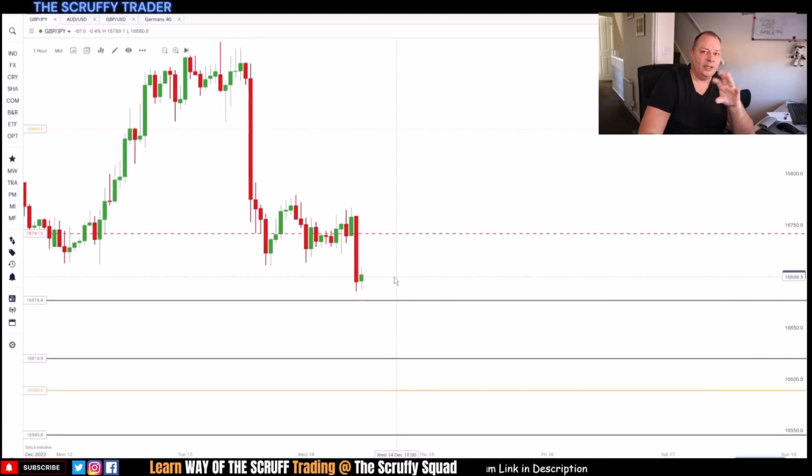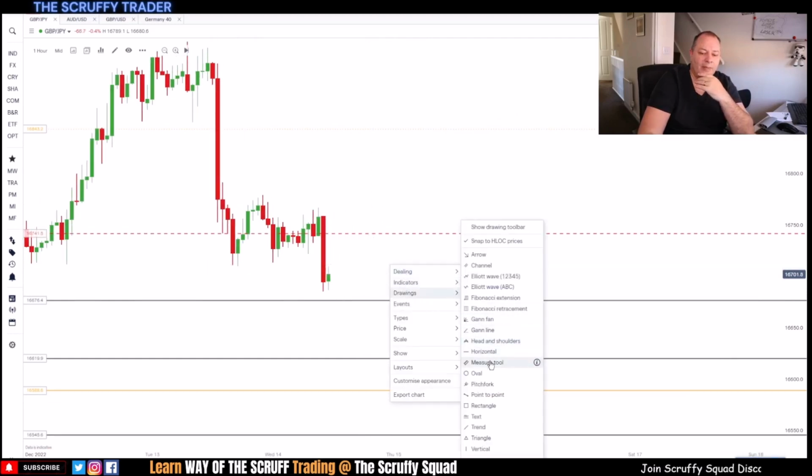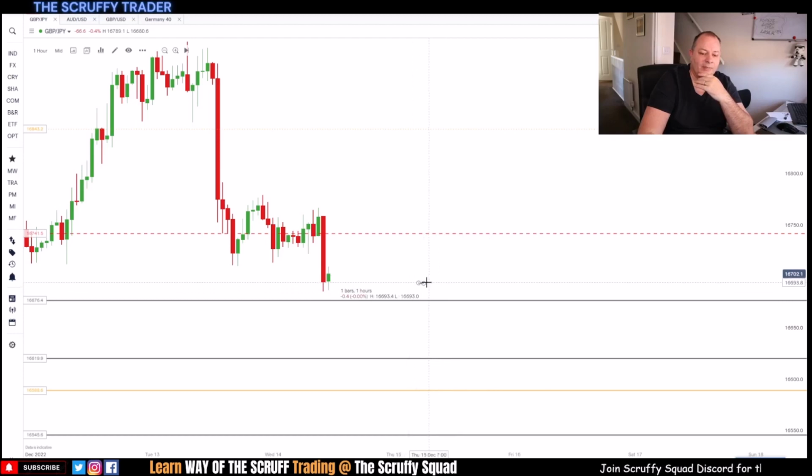My main theory is it's going to be short in the short term. So the first thing I need to know is, do I have a 10 pip target to get into this? Well, if that's 10 pips, I've easily got 10 pips down into this black line, which is the target point that I was looking for.